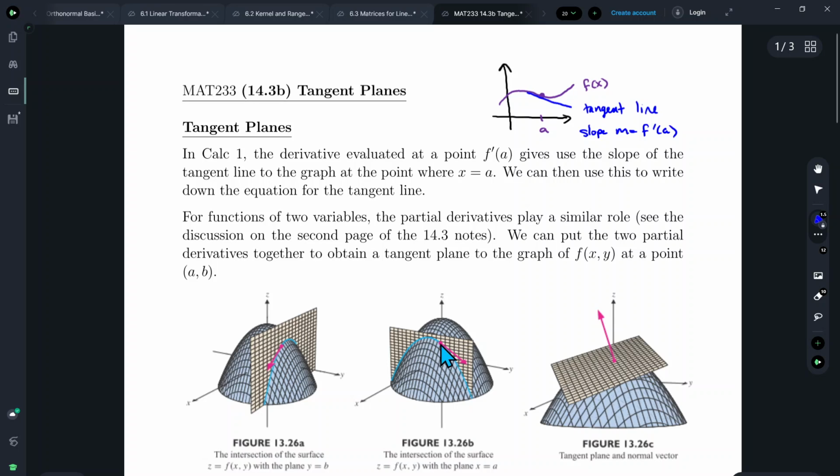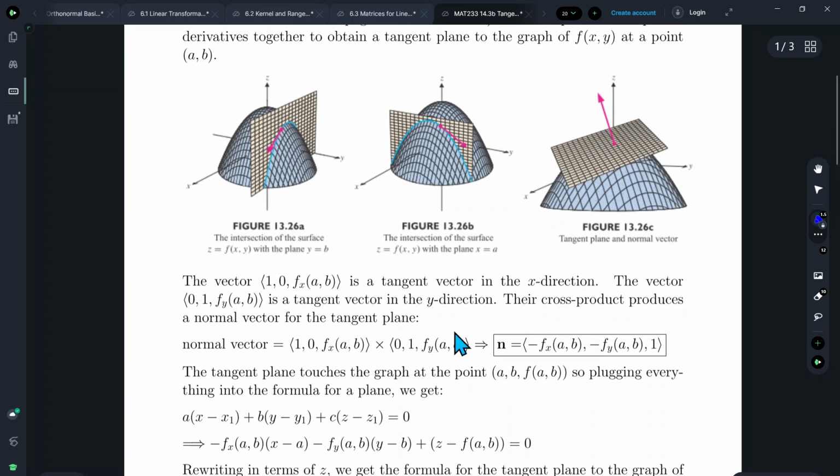And we also have the tangent vector in the y direction, which can be constructed using the partial derivative. These two vectors are part of the tangent plane, and because of that, their cross product will be orthogonal, producing the normal vector. So that's the basic idea.